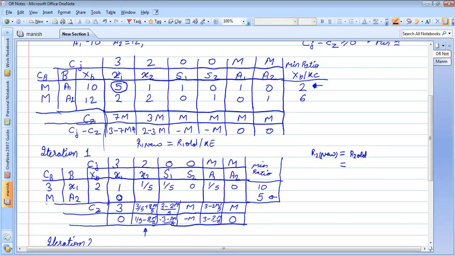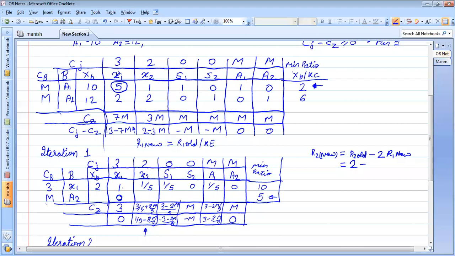Okay, so for this element, I'm trying to make it 0. What I have already is 2. So minus, then I have to perform a row operation. Whatever the element here is, we will multiply that element to the existing row, that is 2 into R1 new.